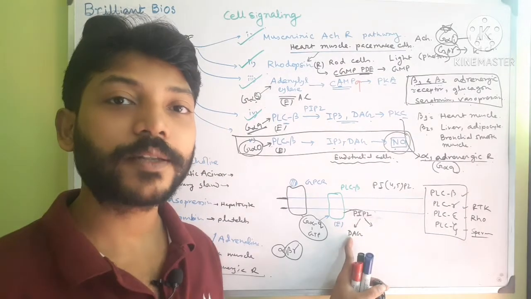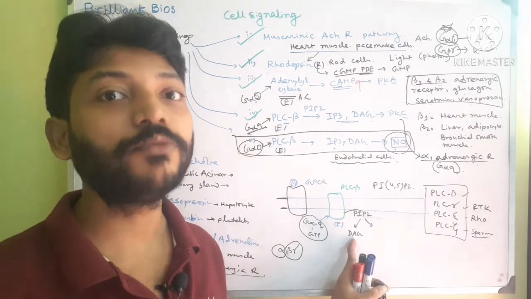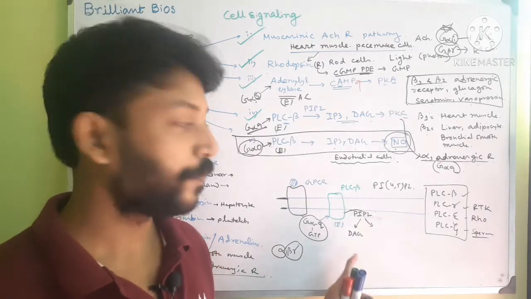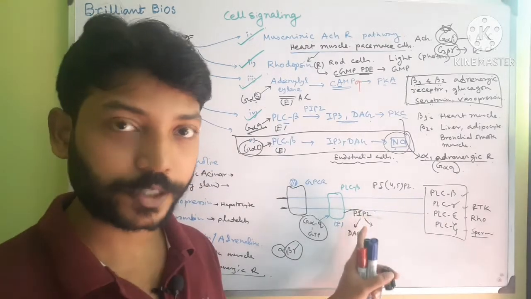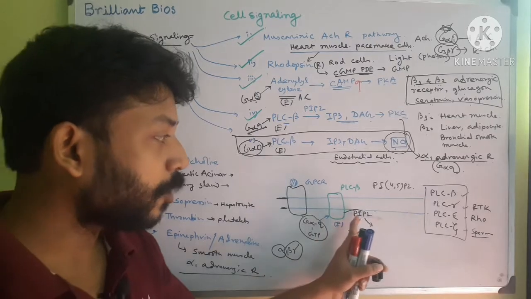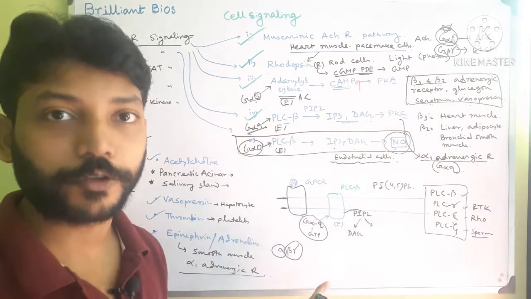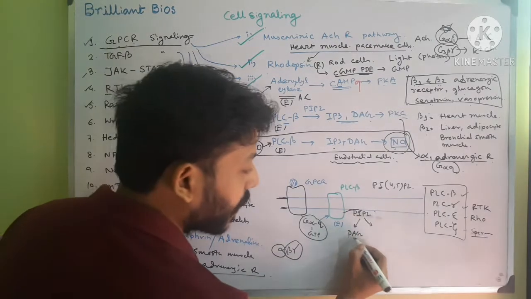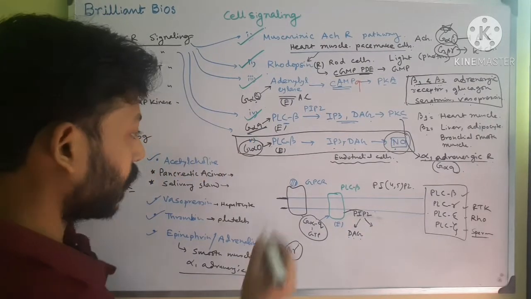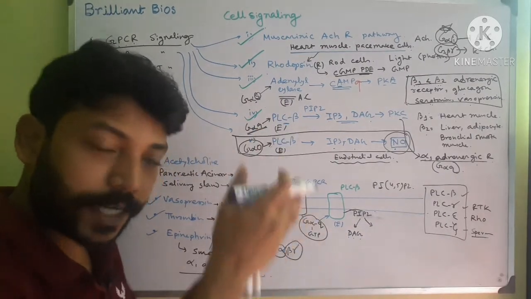Why is it called diacyl? Because a glycerol is attached with two acyl, meaning fatty acids, when it is a phosphoglyceride. And inositol is a sugar molecule. So DAG means diacylglycerol. There is a glycerol attached with two fatty acid chains.